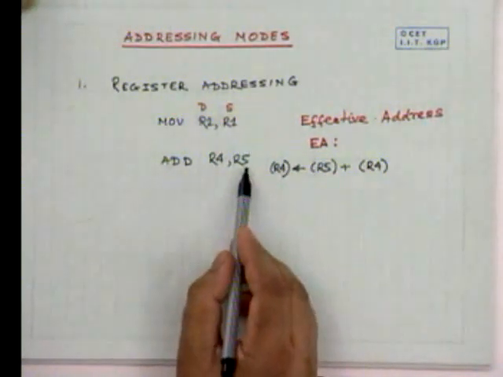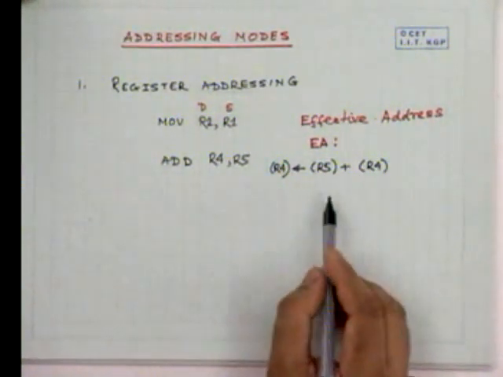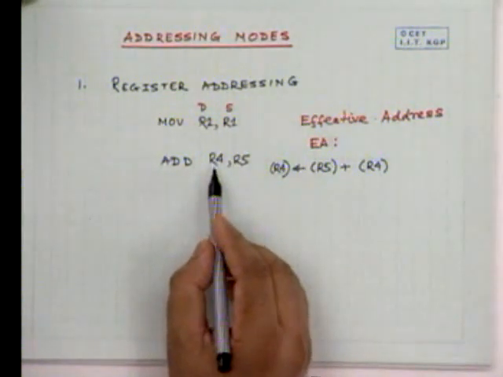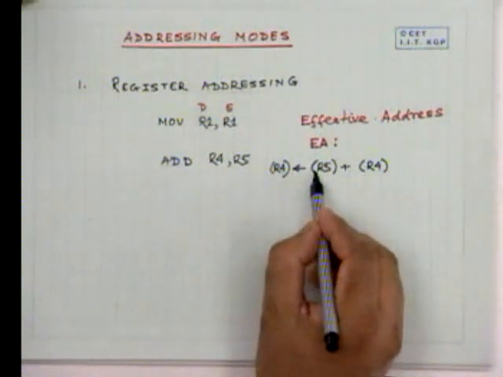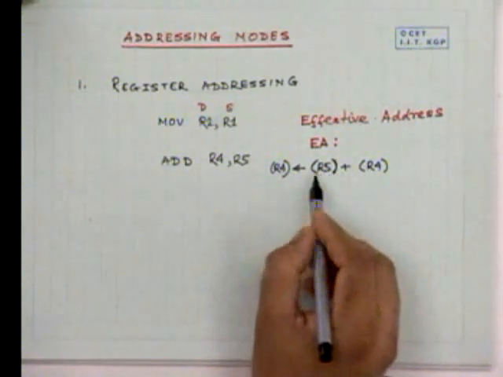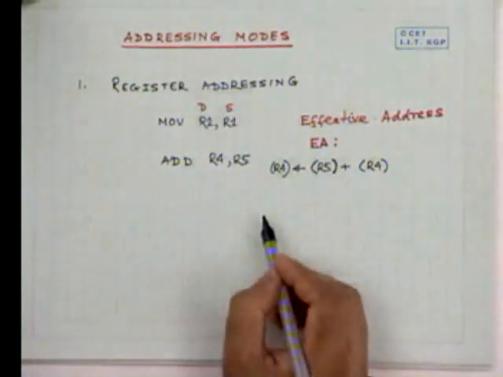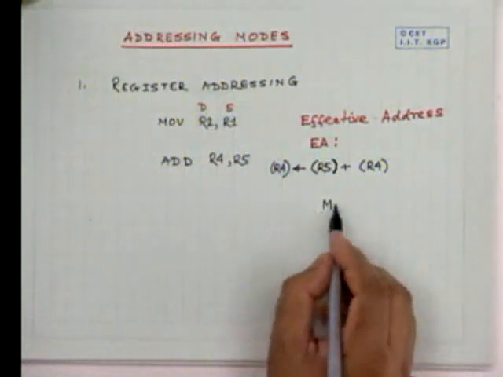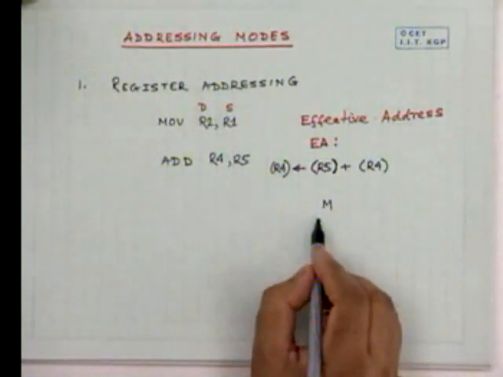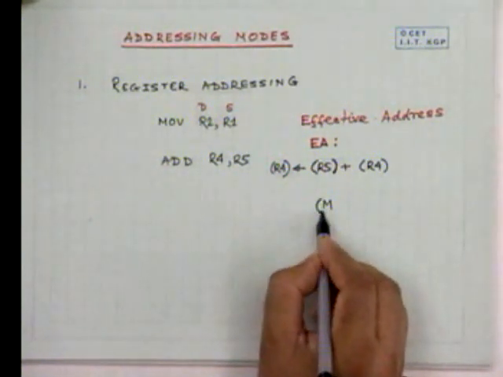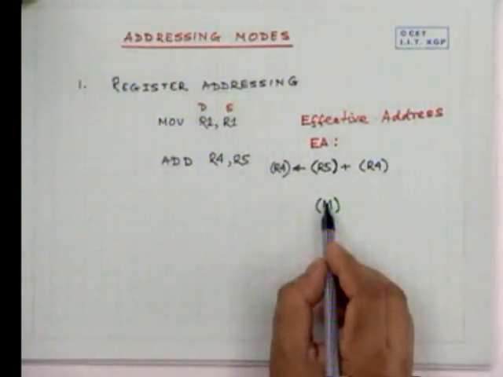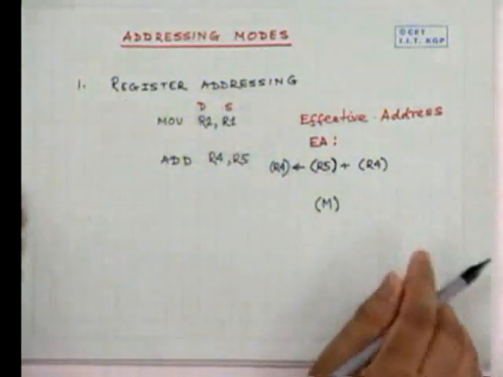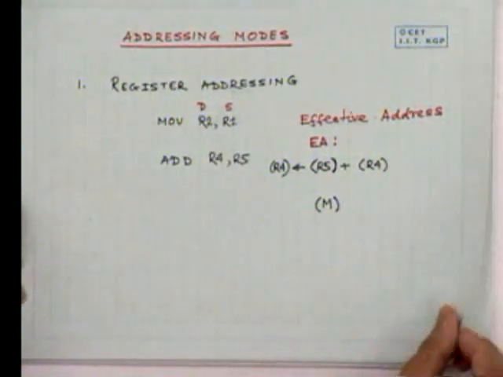Effective address is R5 and R4, and the content of that address we will designate by means of a bracket. For example, if M is a memory location, then the effective address is M, and the content of M we will designate by means of bracketed M. Now this is basically your register addressing, where the operand is in the register.